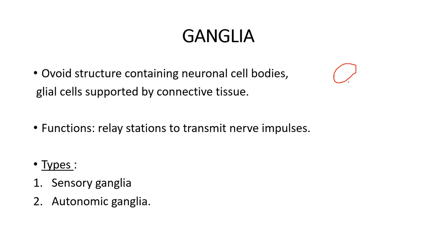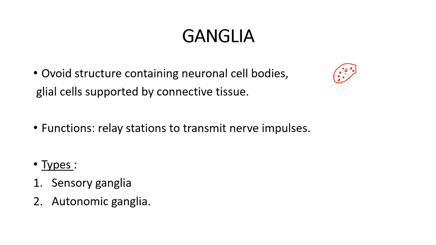This is the ganglia, and here we have the collection of neuronal cell bodies outside the central nervous system, supported by connective tissue. So it is an ovoid, oval structure containing neuronal cell bodies outside the central nervous system, known as ganglia.